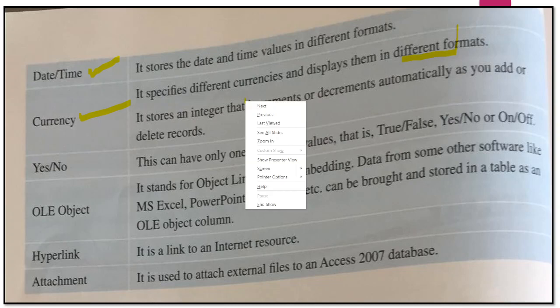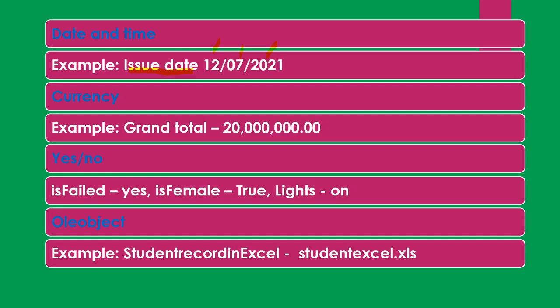So for example, currency grand total, which is holding a very large number. How much is this number? 20 million. So you can use the currency format.